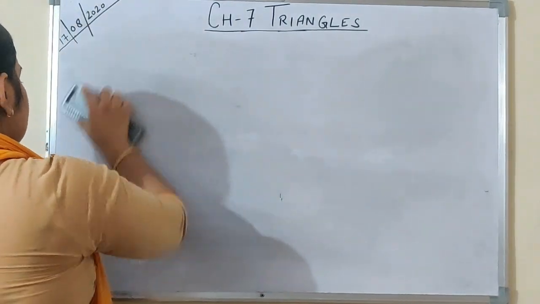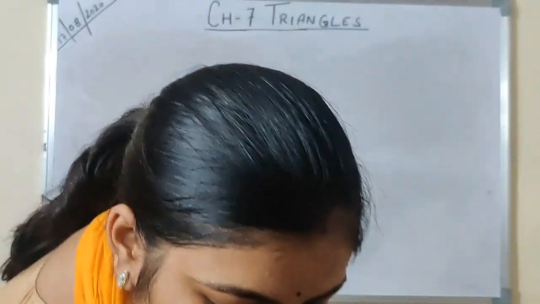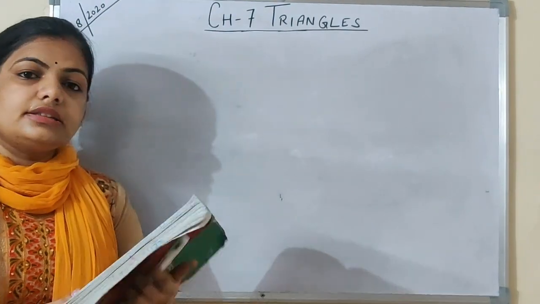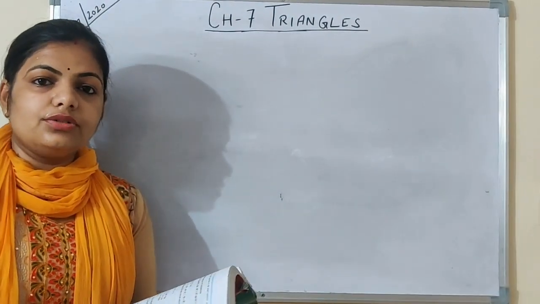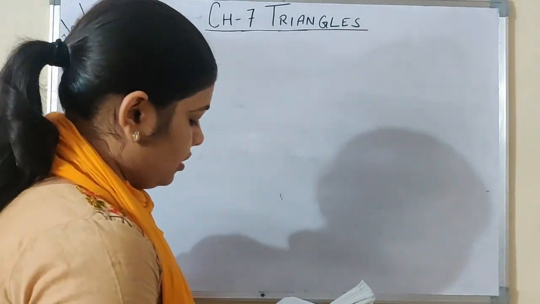There are 3 theorems for inequalities of a triangle. I am just telling you the results of what these theorems say so that you can apply them in further classes if required anywhere.